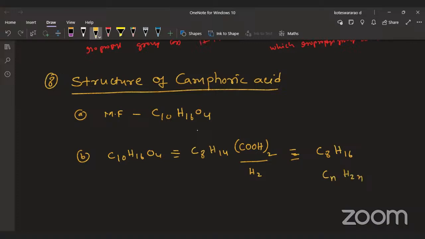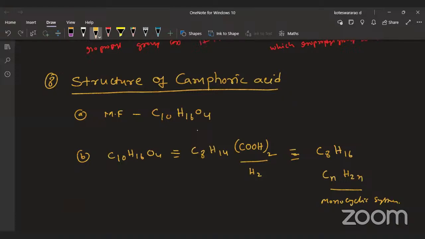C8H16 resembles CnH2n. From the list of general formulas I have given for the types of cyclic systems, monocyclic, bicyclic, tricyclic, this indicates a monocyclic system.